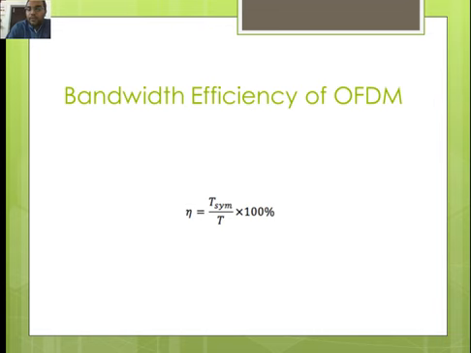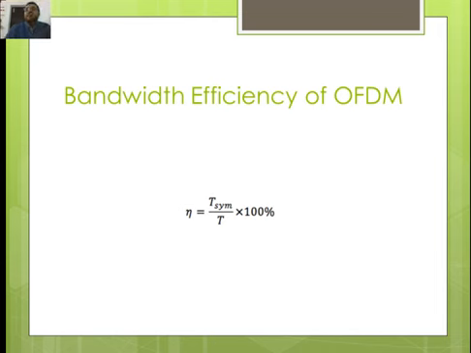Since T symbol is less than capital T because of the addition of a cyclic prefix, the bandwidth efficiency is surely less than 100%. To summarize, OFDM has a lot of advantages, but its prototype filters aren't optimal for narrowband multi-carrier communication, and in practice they do not provide the maximum bandwidth efficiency.